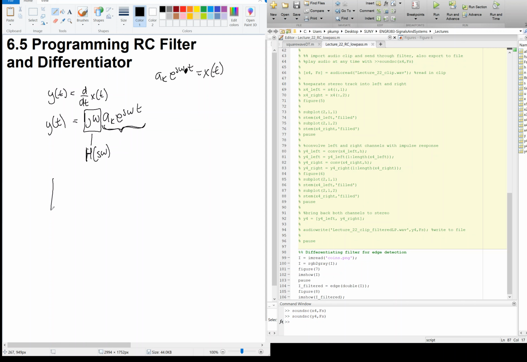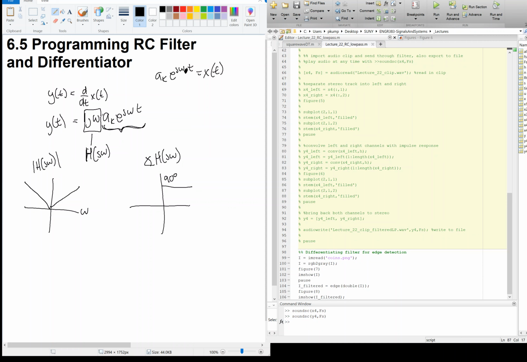So what does the magnitude response look like? The magnitude response of this differentiator, if I take the absolute value or the magnitude of this, well, that's just omega, right? That's the absolute value of omega. And if I look at the phase response, so what's the phase of this thing? Well, if omega is positive, then I have a positive j, which is 90 degrees.